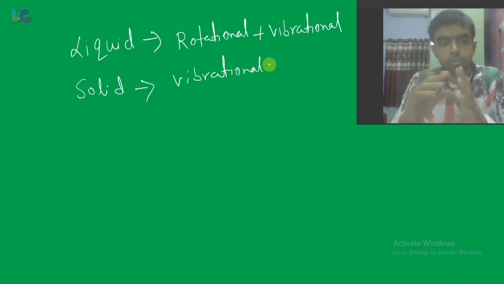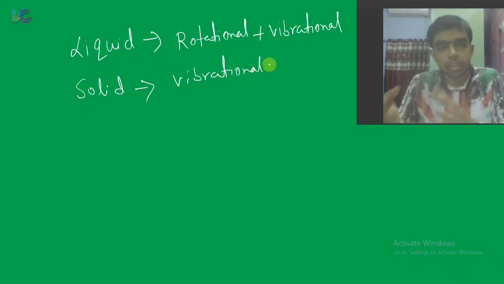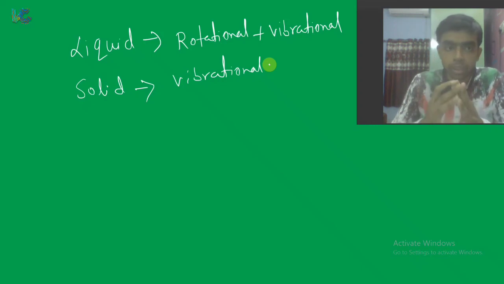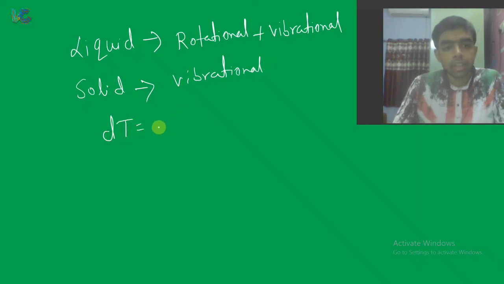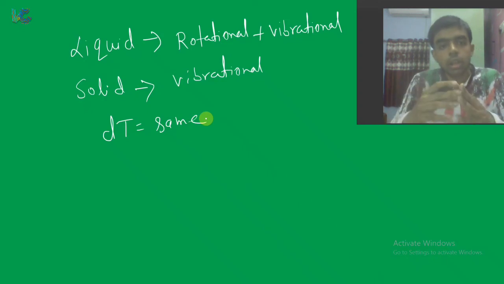Now suppose you want to generate the same temperature difference for liquid and solid. That means dt is the same. In which case do you need more heat?